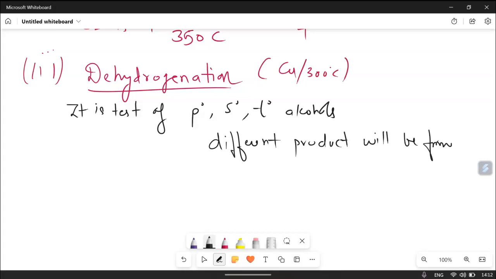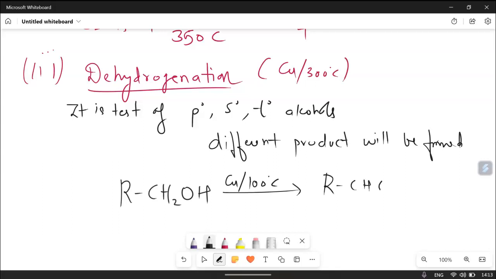So what we have to do in this reaction, suppose we have primary alcohol RCH2OH. It is treated with copper at 100 degrees Celsius. It will form RCHO, aldehyde, plus H2 gas removed.